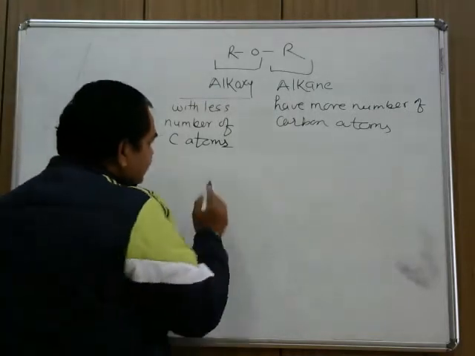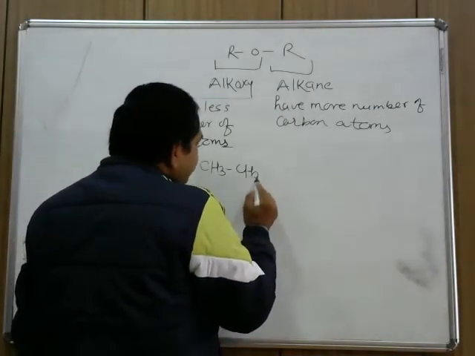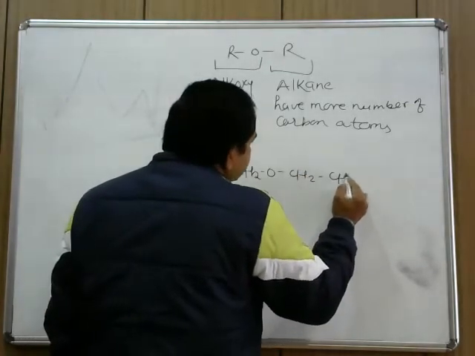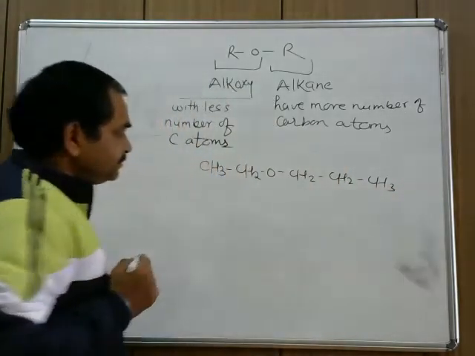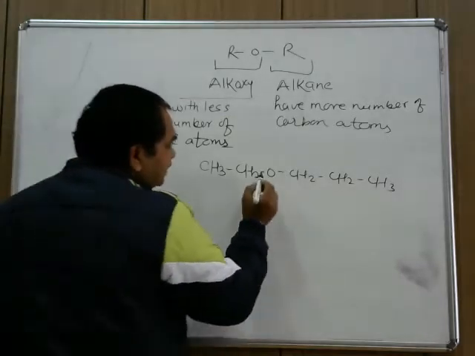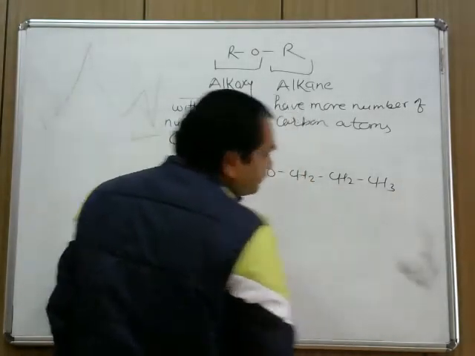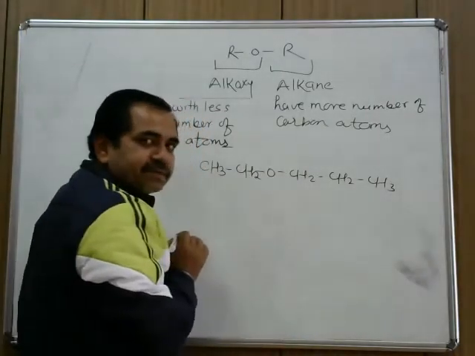Say for example, we have CH3CH2O CH2CH2CH3. So on either side of this ethereal oxygen, this is a group with 3 carbon atoms and this is the group with 2 carbon atoms.